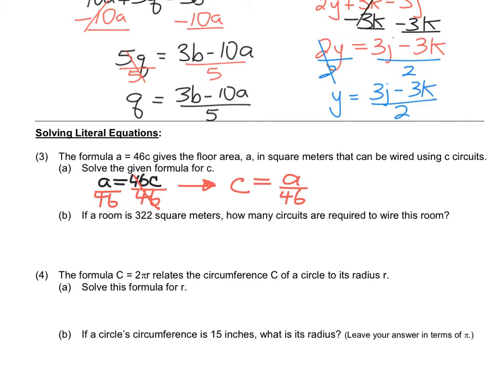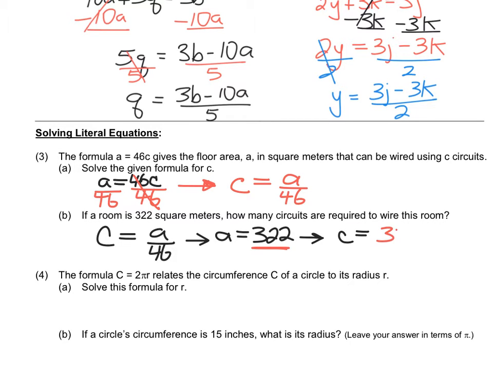If a room is 322 square meters, how many circuits are required to wire this room? So I know that C is dependent on A, and they're telling us that A is 322. So they're asking us basically to evaluate this equation, knowing that the A value is 322.